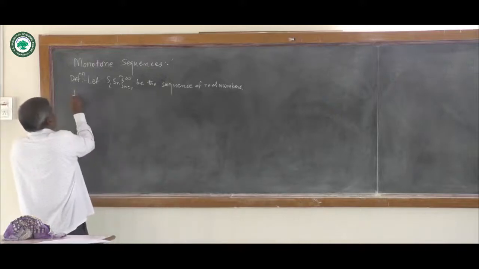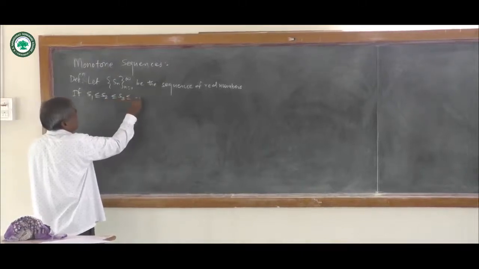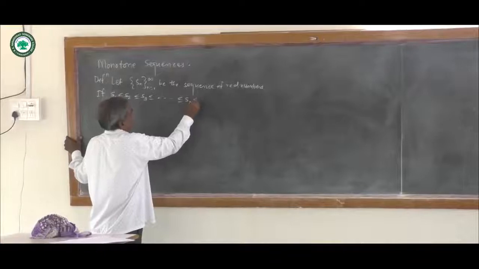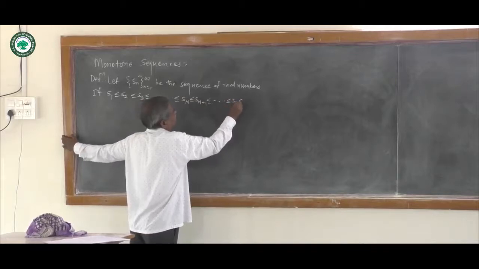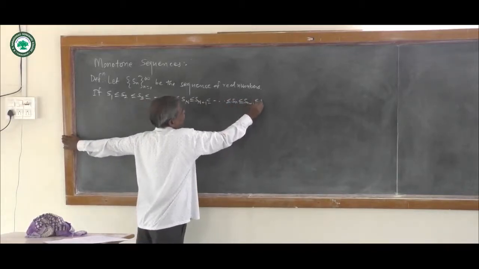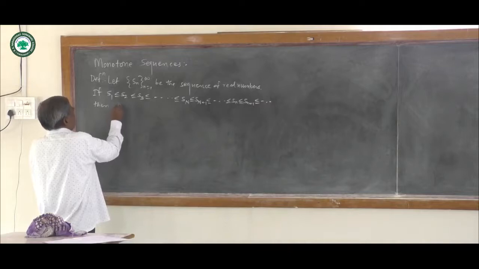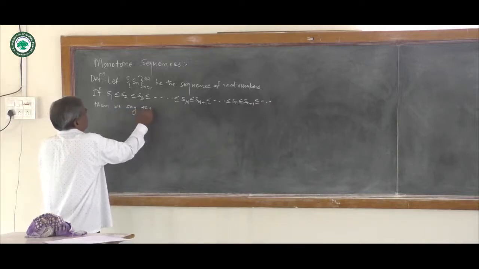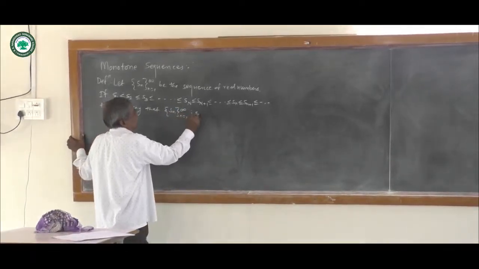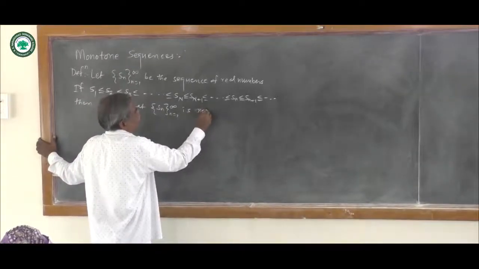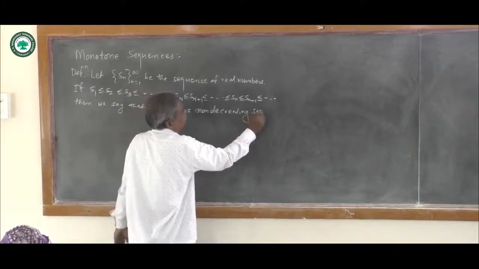If S1 is less than or equal to S2, less than or equal to S3, less than or equal to and so on, S_N less than or equal to S_(N+1), less than or equal to and so on, then we say that the sequence S_n, n is equal to 1 to infinity, is a non-decreasing sequence.